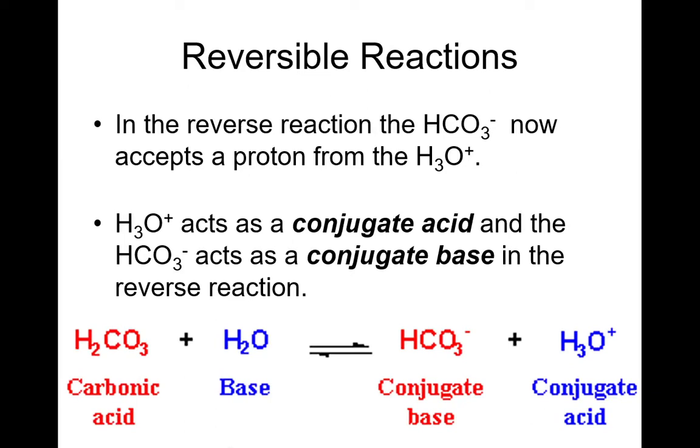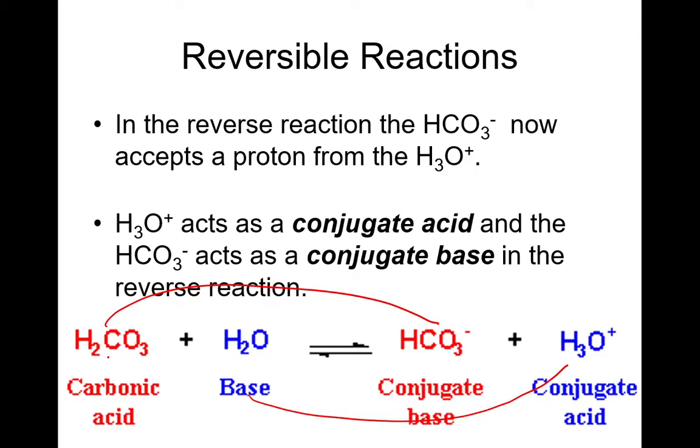Now, one thing I want to point out here is this. H2CO3 has become HCO3 minus in the forward reaction, and H2O has become H3O plus in the forward reaction. Now I want you to look at the terms below the two things I've just linked.